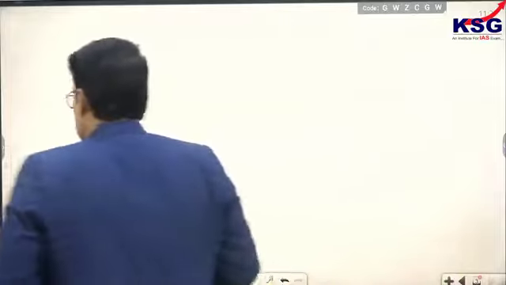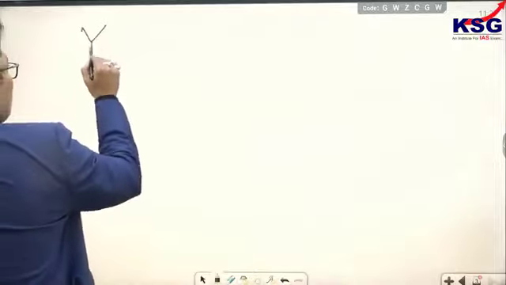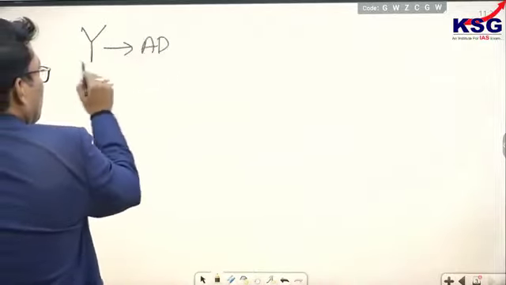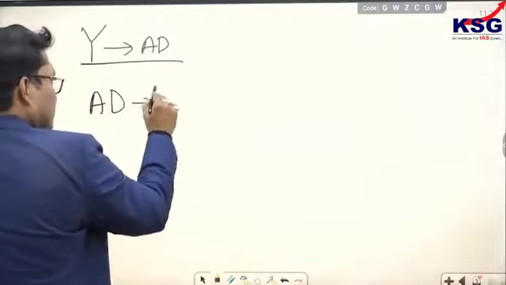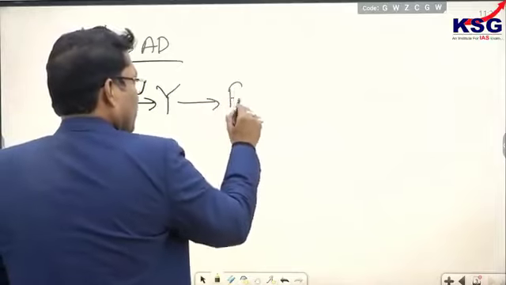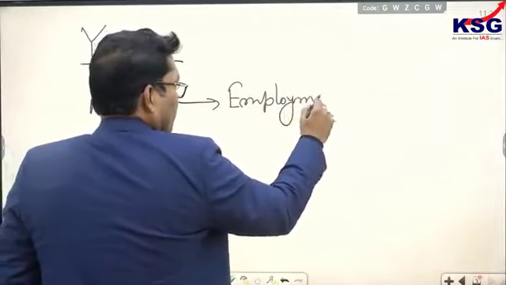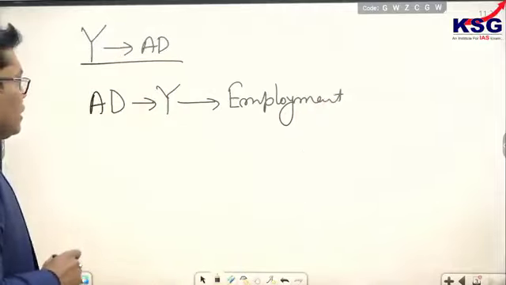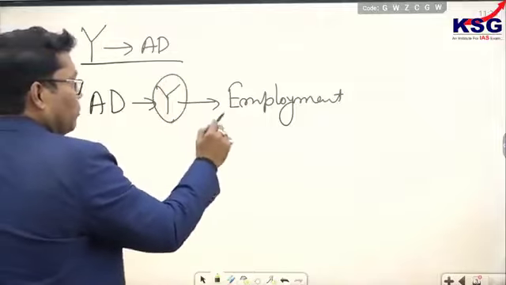As I discussed in the last class, aggregate demand is going to decide the level of output, and the level of output is going to decide your employment. So finally, economic growth and development depend on Y and employment.